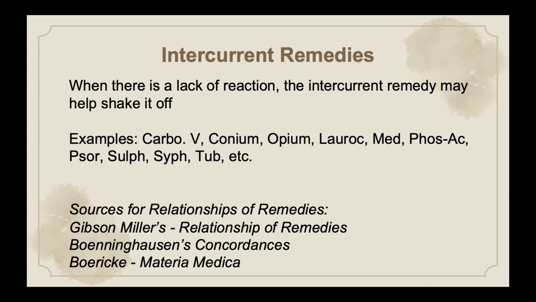So look at other remedies that can shake off and elicit that reaction, especially if you've tried a range of potencies already. So some examples are carbo veg, conium, opium, laurocerasus, medorrhinum, phosphoric acid, solanum, sulfur, etc.